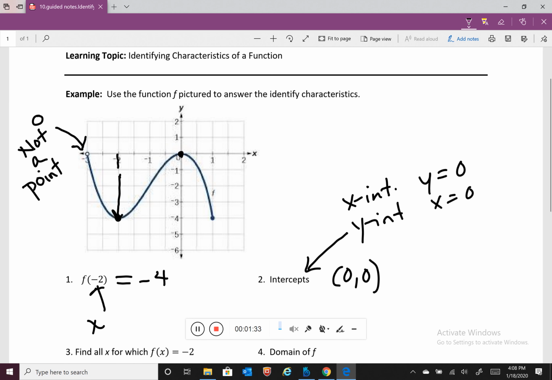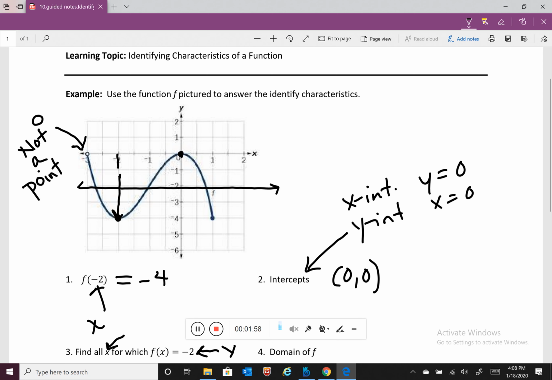Now the next thing I want us to look at is I want us to find all x for which f of x is equal to -2. Well, our -2 is our output. It is our y value. So y is -2 anywhere along this horizontal line.